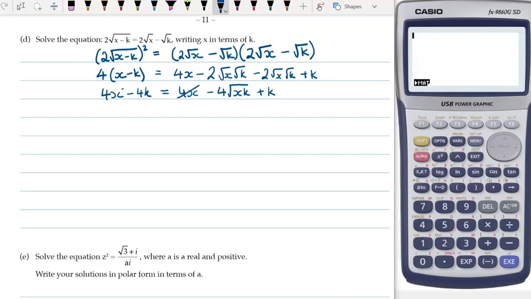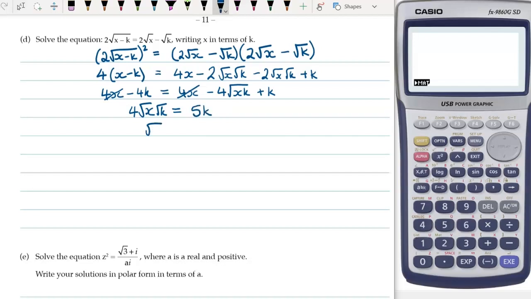Now we have that 4x cancels with the 4x there. And we are trying to solve for x in terms of k, so we want the x terms over to the left and the k terms over to the right. So let's bring the 4 root x root k, I'm actually going to leave it as root x root k because I need to separate the x in a second. We'll bring that to the left, and then on the right we have 4k plus k, so that's 5k.